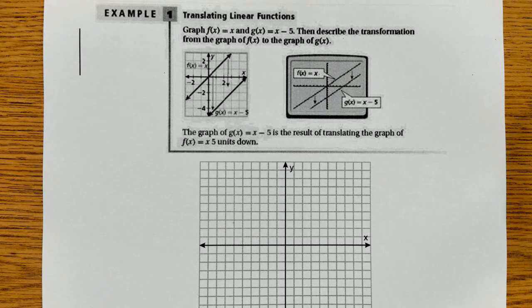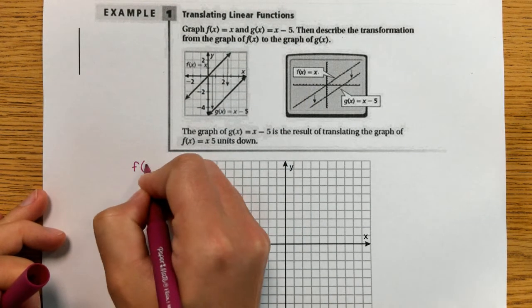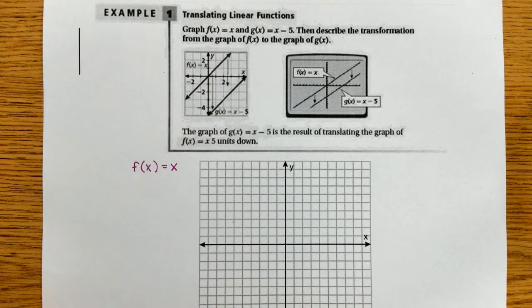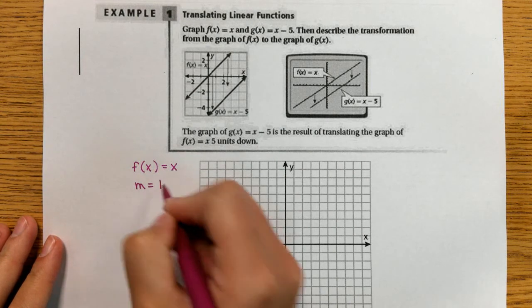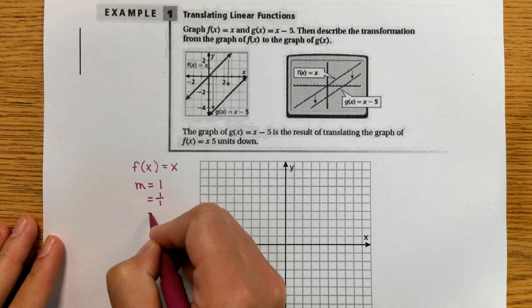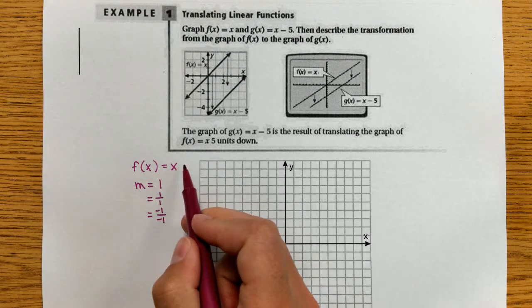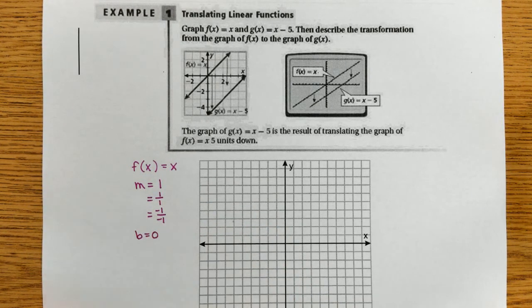So our first function is just f of x equals x. So when I graph this, f of x equals x, my slope, m, is going to be 1, or you could write that as 1 over 1, -1 over -1. That's going to help you form your graph. And then there's no plus b here, so b is going to be 0. Okay?